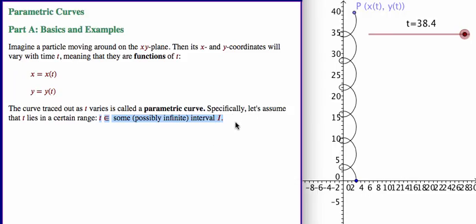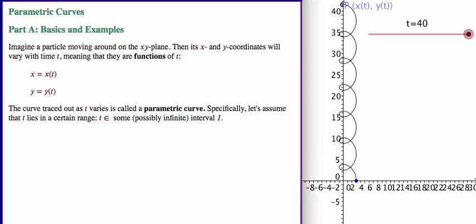Let's call that interval I. So there are three things happening. x is a function of t, y is a function of t, and t is restricted to be in some interval. That may be no restriction at all. We could choose the interval to be the whole real line, in which case t would be any real number. In this illustrated example, t is between 0 and 40. Goes as far as 40, all right? Not too terrible, okay?